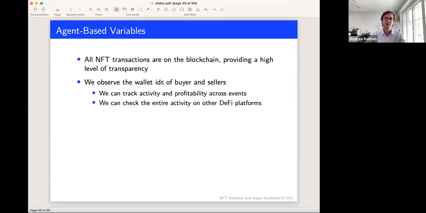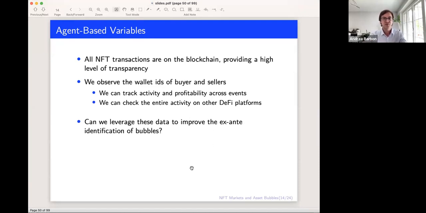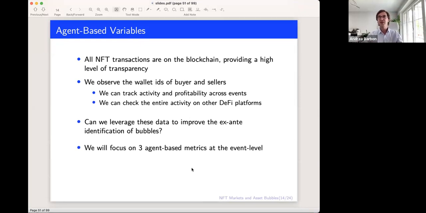So we want to check whether this information about buyers and sellers may help us understand whether the collection will crash or not in the future. Okay, so can we leverage this data to improve the ex-ante identification of bubbles? So meaning, can we forecast bubbles ex post? Okay, so we will construct 3 agent-level metrics.